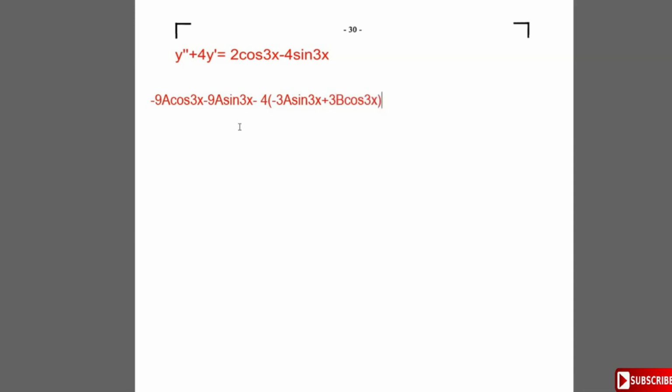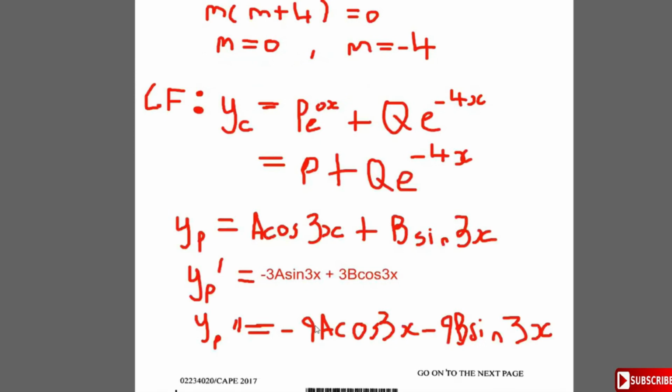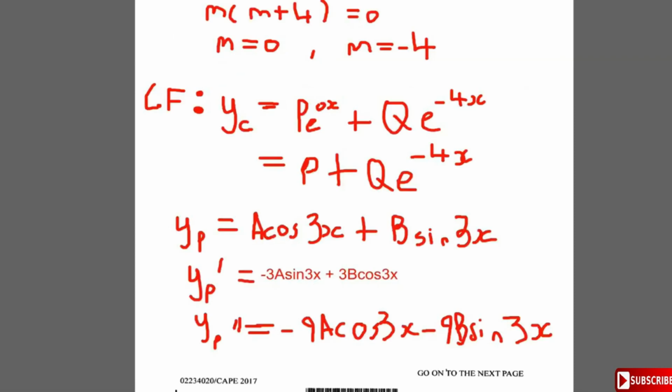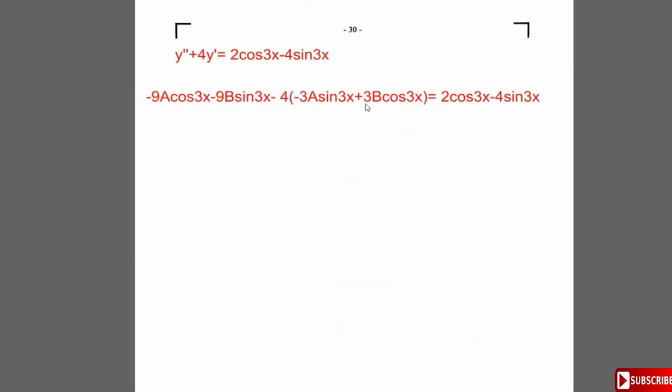Now, of course, this is equal to 2 cos 3x minus 4 sine 3x. Just checking to make sure we don't make any typos.